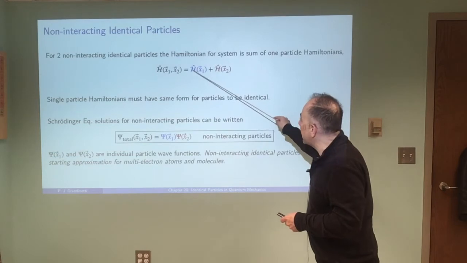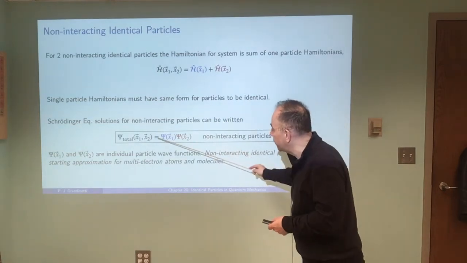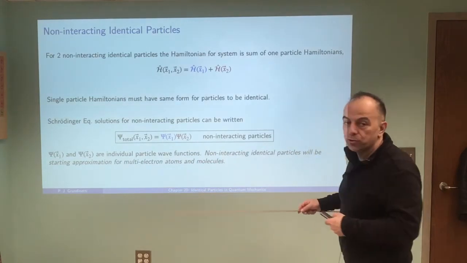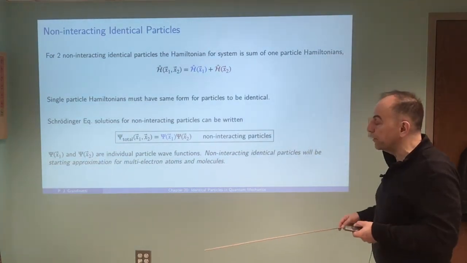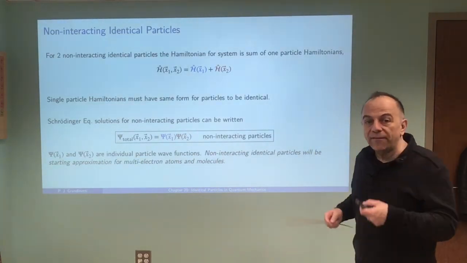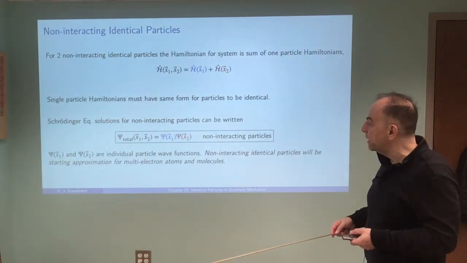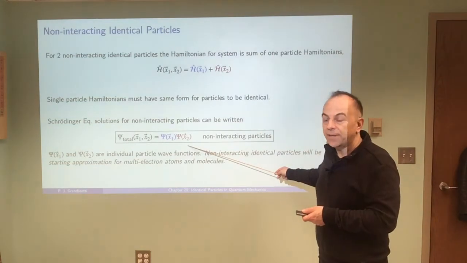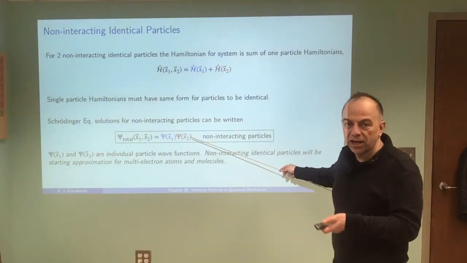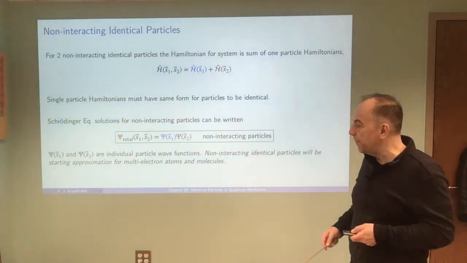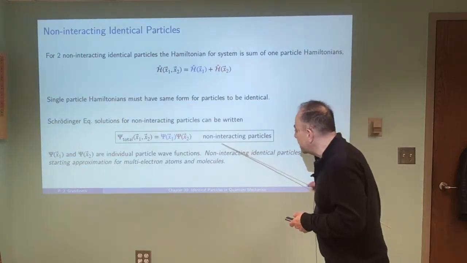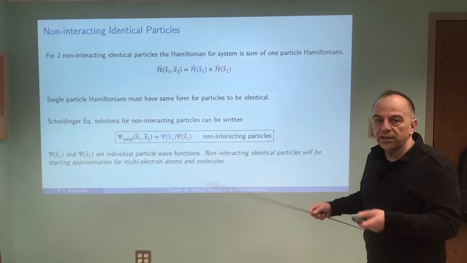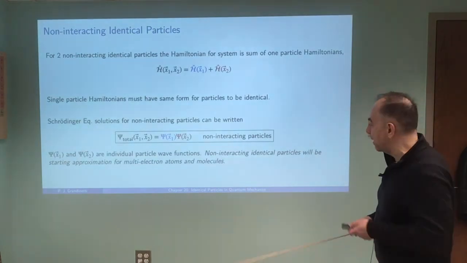In this situation, we can write the total wave function as simply the product of the individual wave functions for each particle. But again, we have to preserve indistinguishability, so we can't use wave functions with a labeling scheme like that. If we're talking about electrons, we have to build antisymmetric combinations. This will be the starting point for the multi-electron atoms and molecules we'll be talking about later in the class.